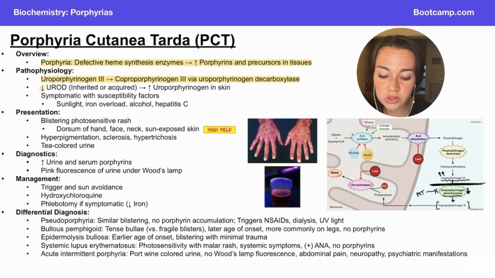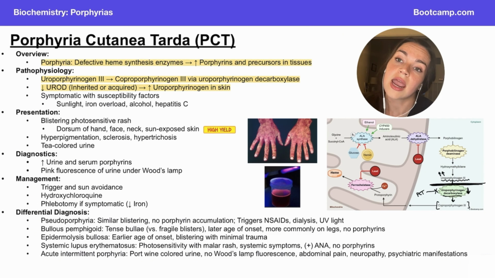When we have a decrease in UROD, either inherited or acquired, we're going to get a buildup of those uroporphyrinogens in the skin, like uroporphyrinogen III. And there are other types of uroporphyrinogens off of side pathways here that we didn't cover, nor should you for the STEP exam. But all those uroporphyrinogens together, represented by the one you need to know, which is uroporphyrinogen III, will accumulate in the skin. And that'll cause some of the symptoms that we'll talk about in a minute.